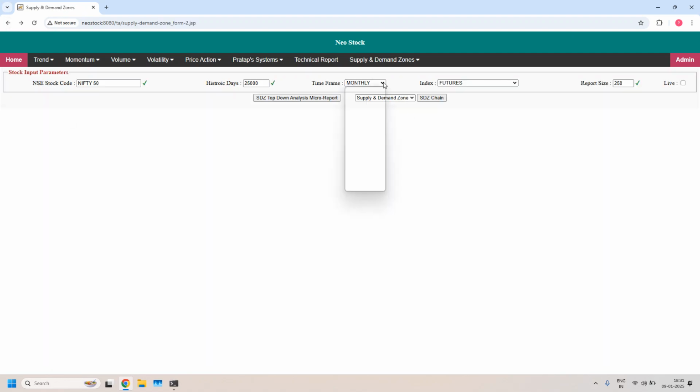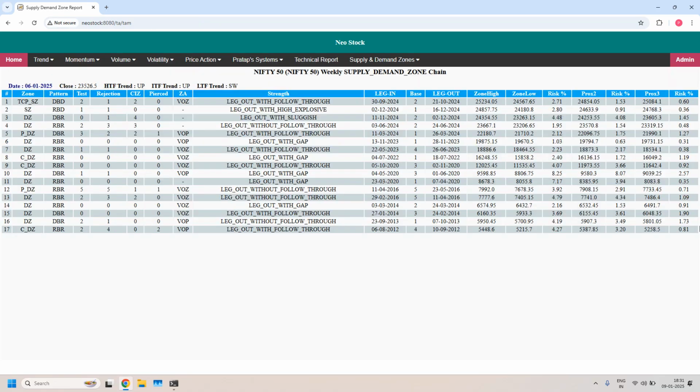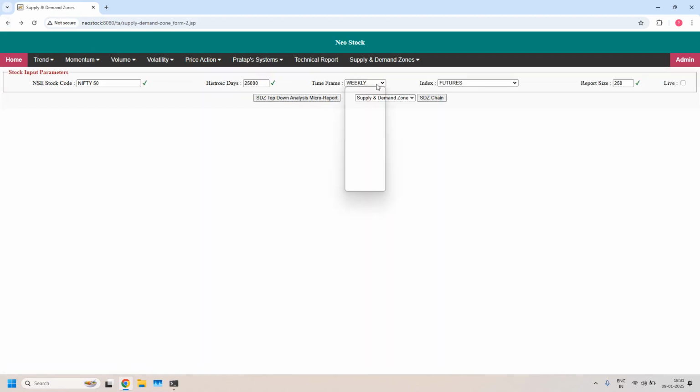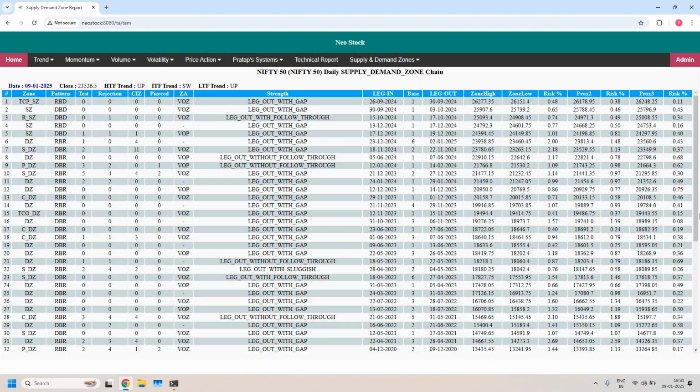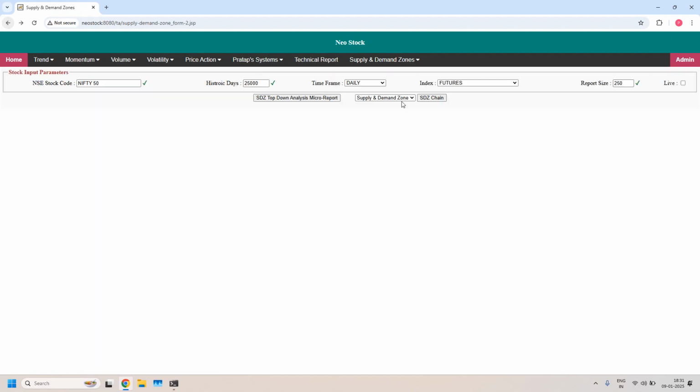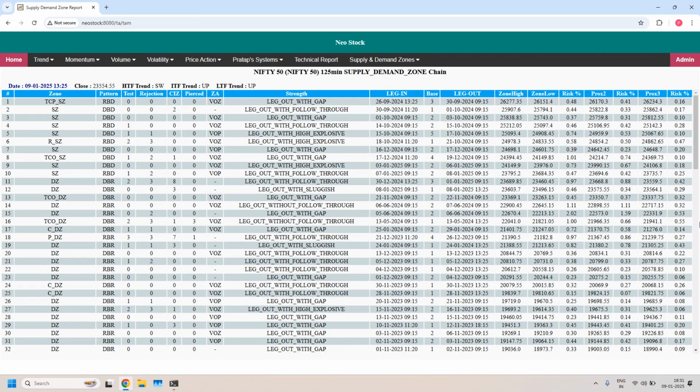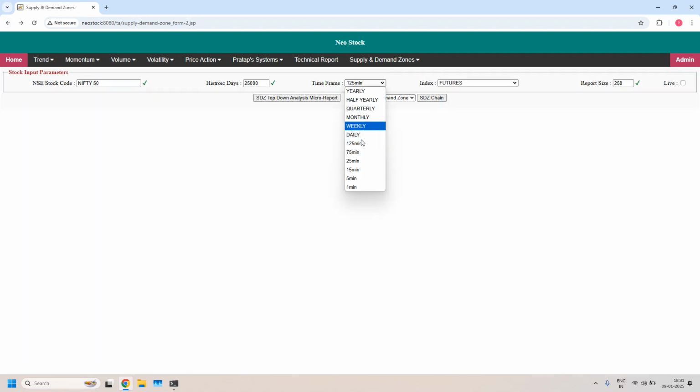Okay, next. Weekly supply demand zone chain for NIFTY. Next, daily supply demand zone chain for NIFTY. Next, 125 minutes supply demand zone chain for NIFTY. Next, 75 minutes supply demand zone chain for NIFTY.